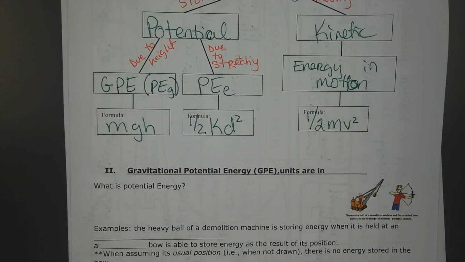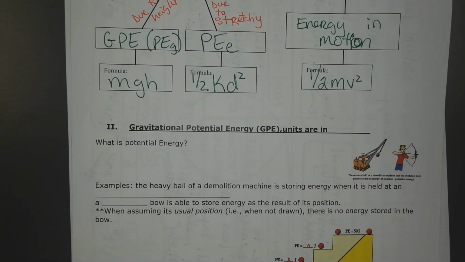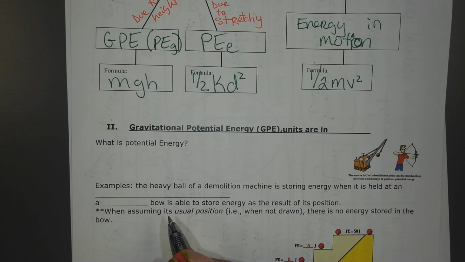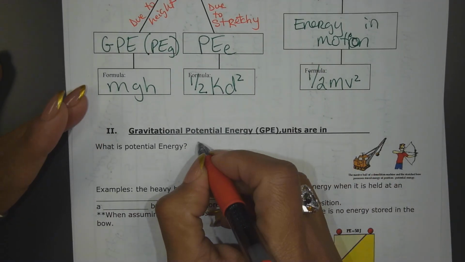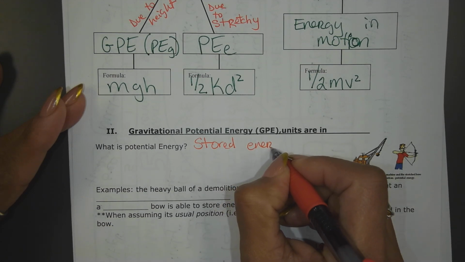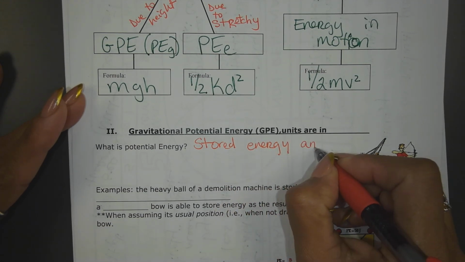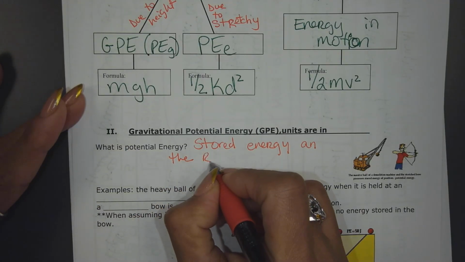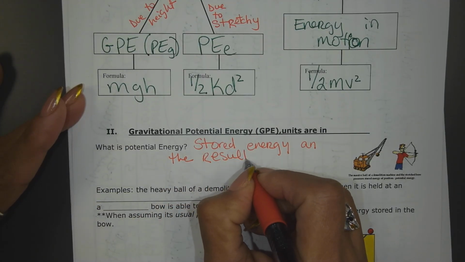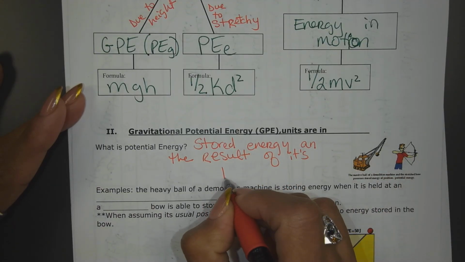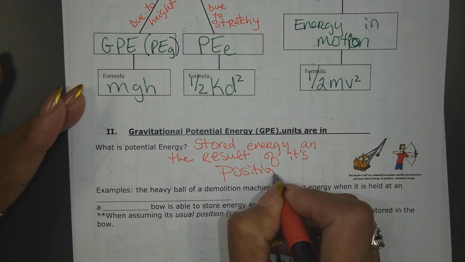Now, continuing with our notes, so that we have a little bit more time, and then I need to get to our test. It says here, what is potential energy? Now, potential energy is stored energy as the result of its position.